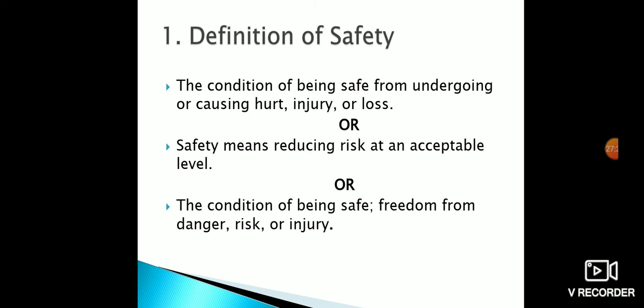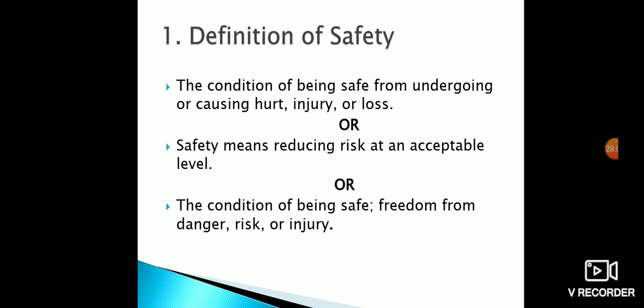So first of all, our first definition of safety is the condition of being safe from undergoing or causing hurt or injury or loss.